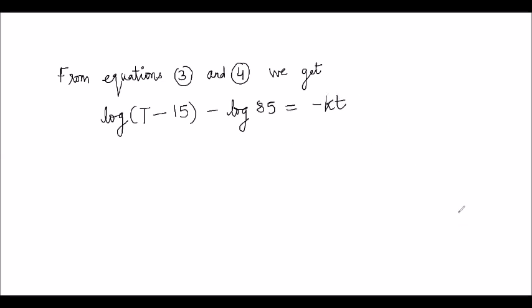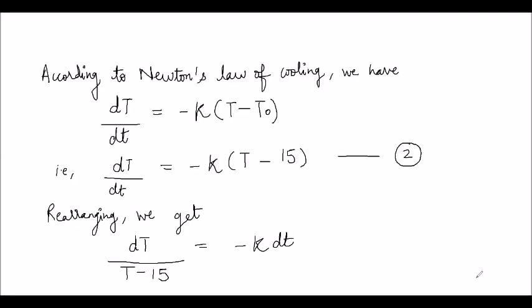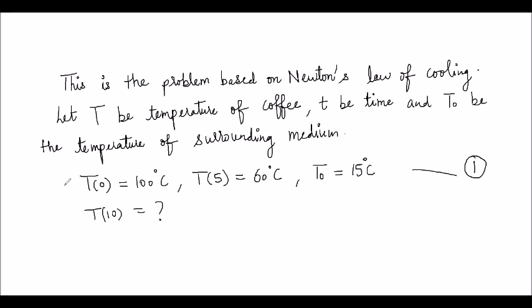Let us name this as equation number 5. If I see our first equation, this condition we have used. Now we will be using the other condition, that the temperature after 5 minutes is 60 degree centigrade. So let us use this condition now.